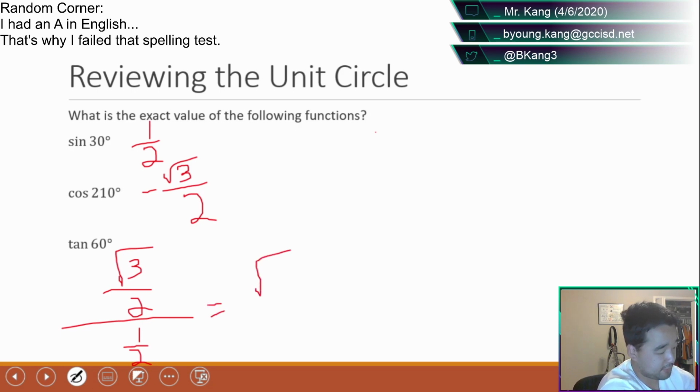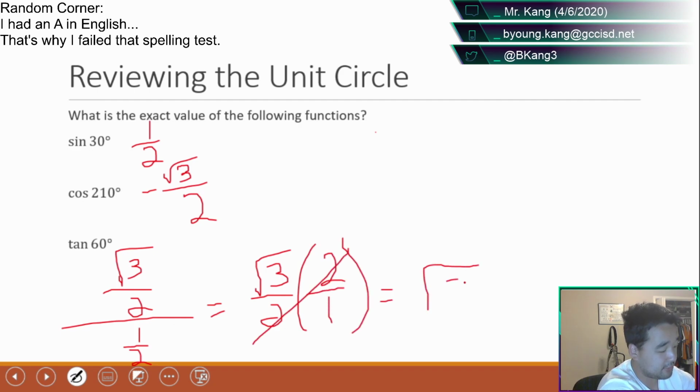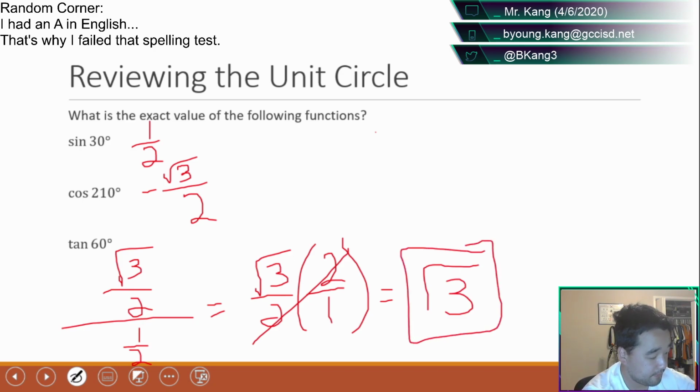So keep the first one, flip the second one, and multiply. And notice how those 2's cancel out. So the answer is square root of 3. There we go. And this is all stuff you've done before, right? You had to do all this whenever you did test number 1.